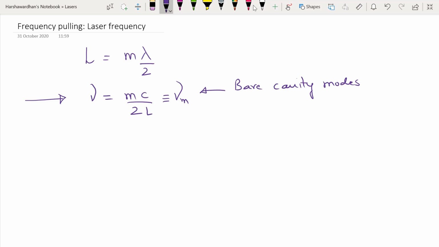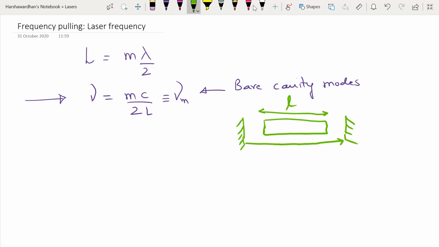Now, recall that in our laser cavity, what we had was the cavity mirrors. We had a finite length of the gain medium. So this was indicated as small l in our earlier notation. We'll stick to that.